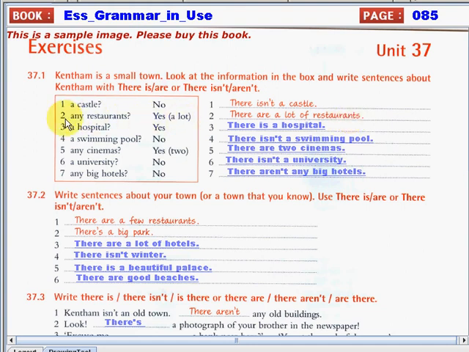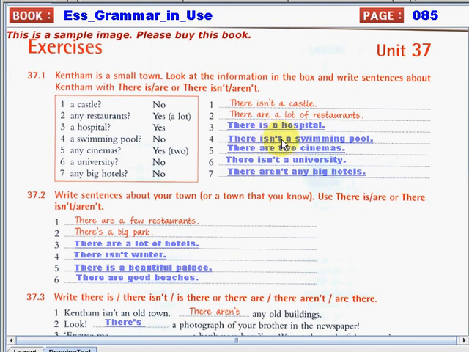Third information is a hospital? Yes. So the sentence is there is a hospital. We use there is because there is only one hospital. Let's go now to number 4. A swimming pool? No. So the sentence is there isn't a swimming pool. Isn't is a contraction of is not.